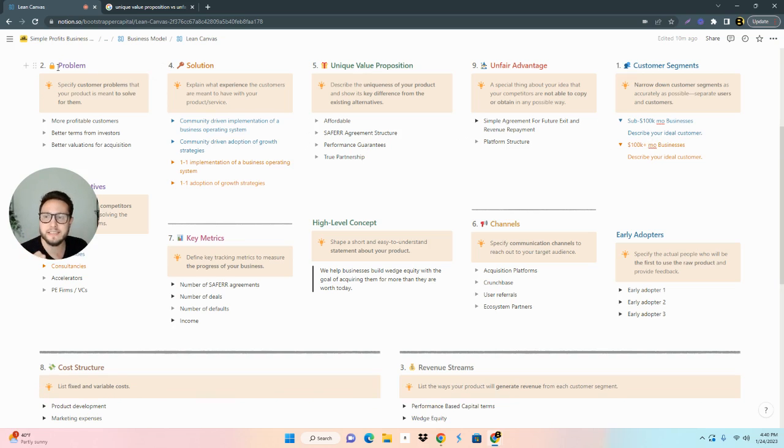All right, so the next thing that we're going to jump into for the workshop is the problem that we're solving, right? So now we know who we're targeting, but what problems are we solving for them? So think about the folks that have a sub $100,000 business. They're solving for different problems potentially than the folks that have more than a $100,000 business.